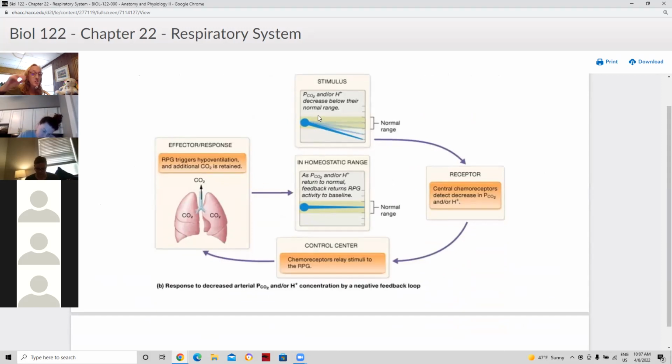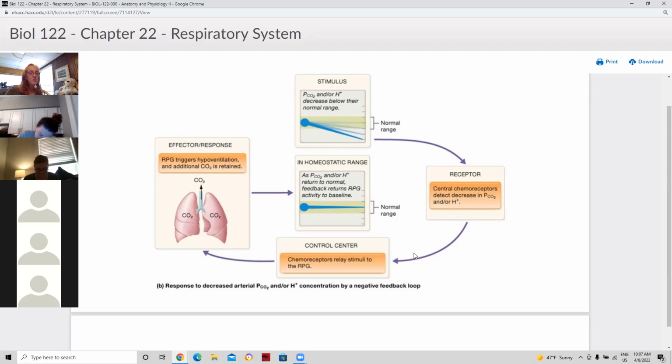In contrast, elevated carbon dioxide levels or hydrogen ion levels are going to decrease below their normal range. So they're going to become very low, meaning the person is becoming very basic. The central chemoreceptors detect this decrease in the amount of carbon dioxide or hydrogen ion levels.